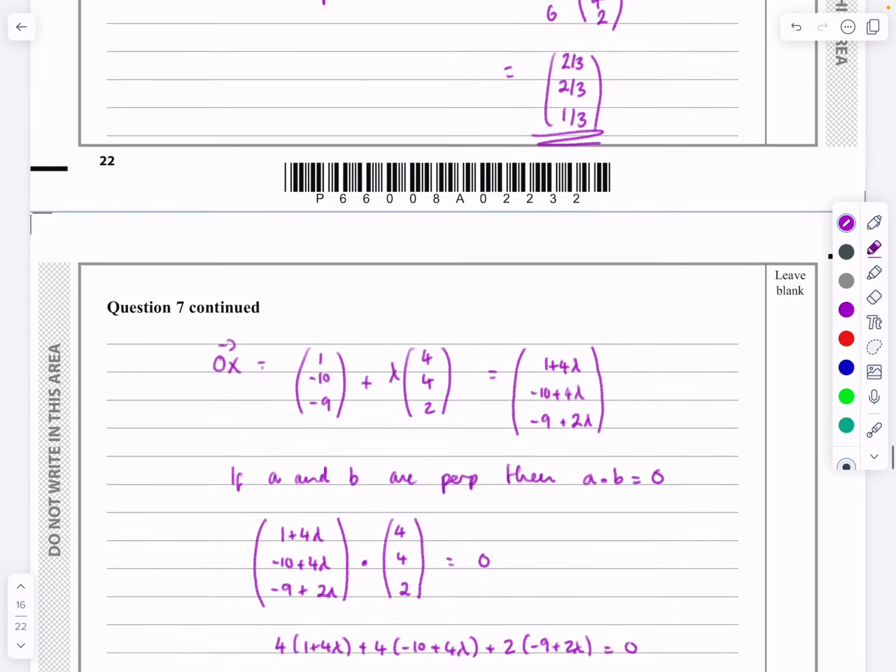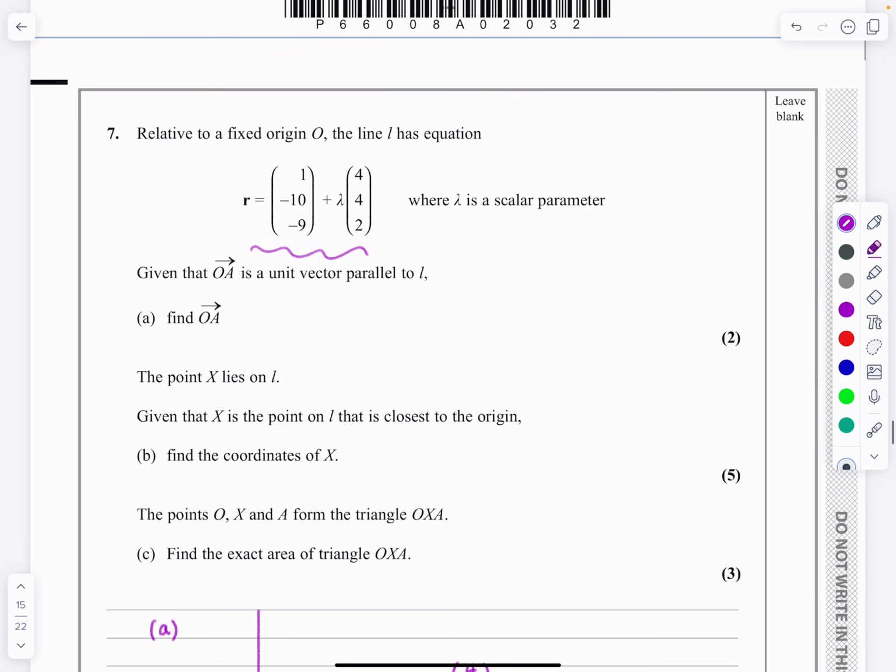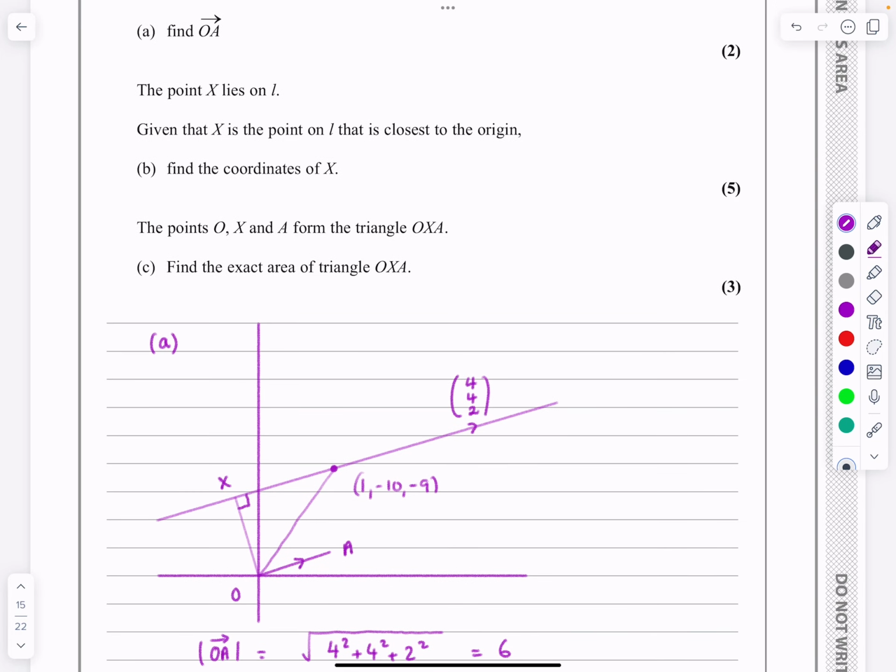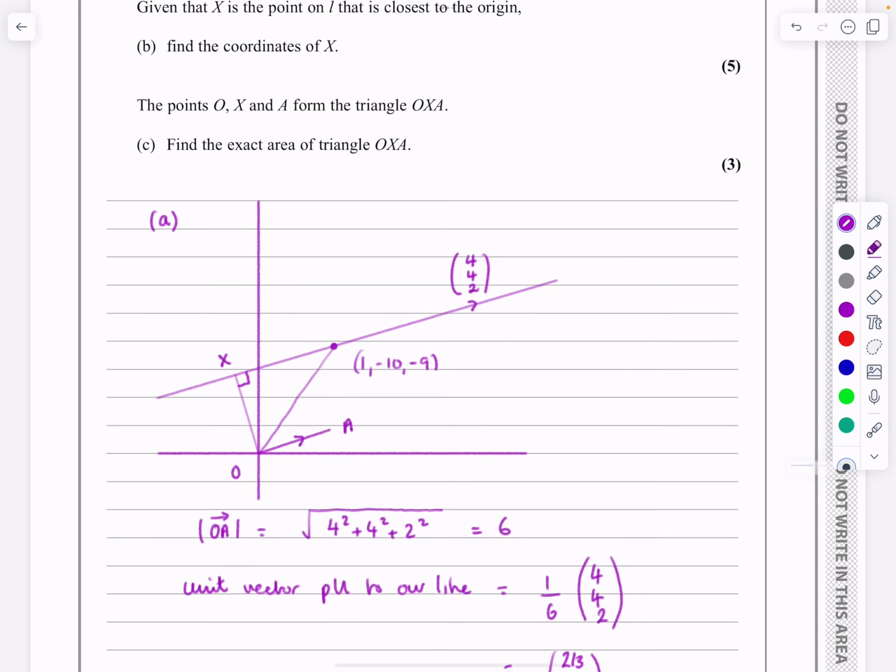Okay, what does the last part say? So the last part says the points O, X and A form a triangle. Okay, right, let's put that in then. Let's make my line a bit bigger just so we can see this. We're talking about this triangle here. That's the triangle that I'm interested in, OXA. Can I find the exact area of the triangle OXA?